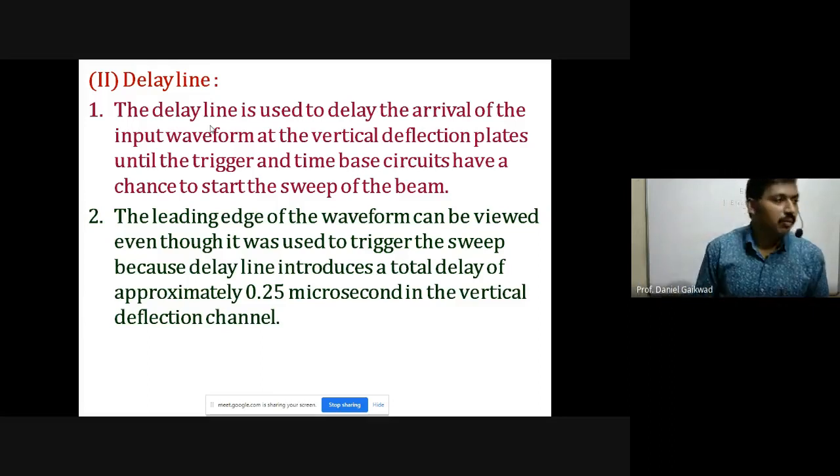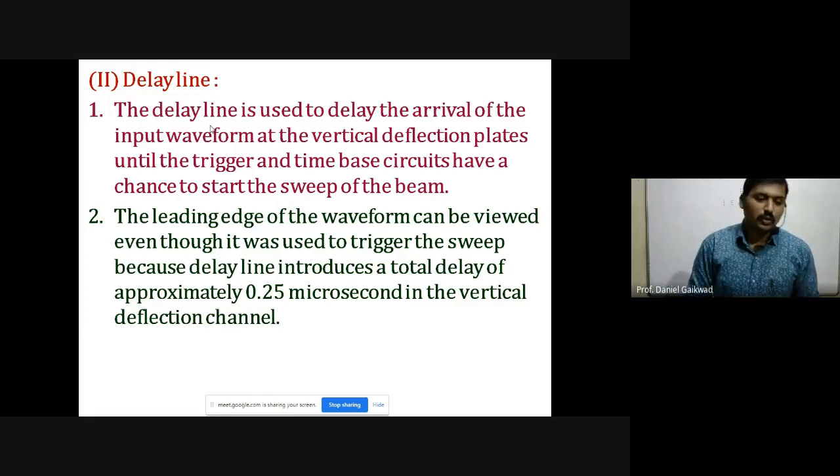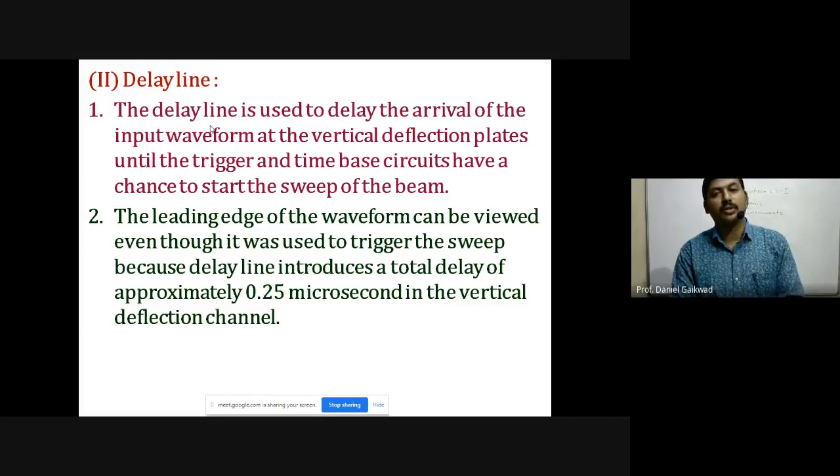Suppose we have a game of cricket. When the bowler throws the ball, when the ball reaches the batsman, at that instant only the bat hits the ball. Otherwise, if we swing the bat before the ball comes, or after the ball has gone, there is a mismatch. So there is a matching of that particular system here.